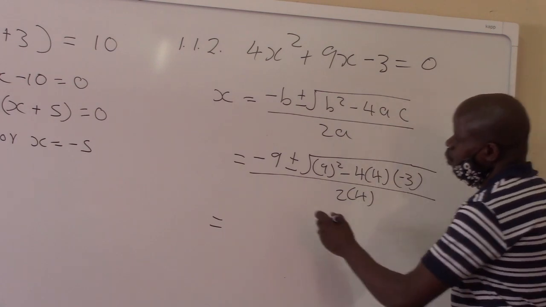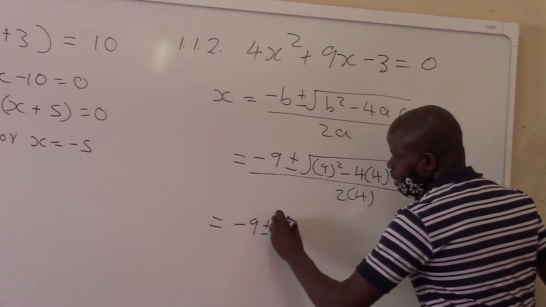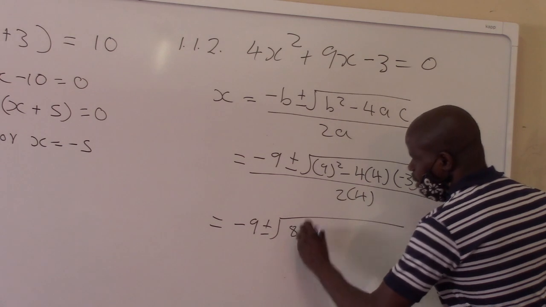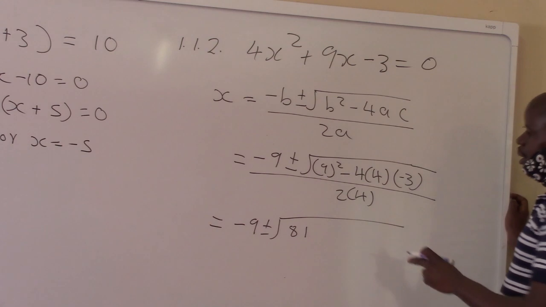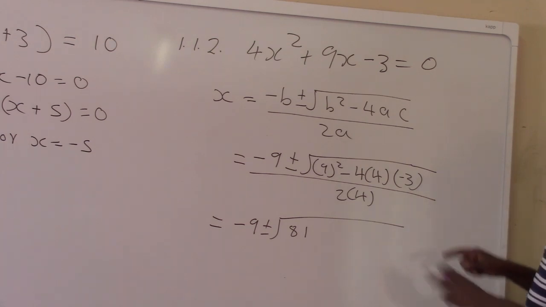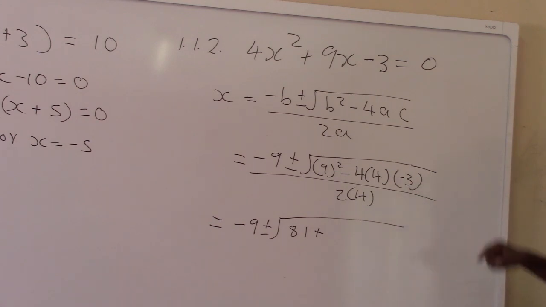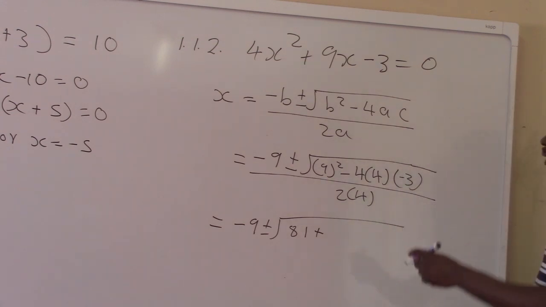Now we go on to calculate. So we will have our negative 9 plus or minus. That 9 squared is the one that gives us 81. And then we come to this one, whereby 4 times 4 is 16. And then 16 times 3, but the negative and the negative makes it positive. So 16 times 3 is 48, because 16 and 16 is 32, then 48.